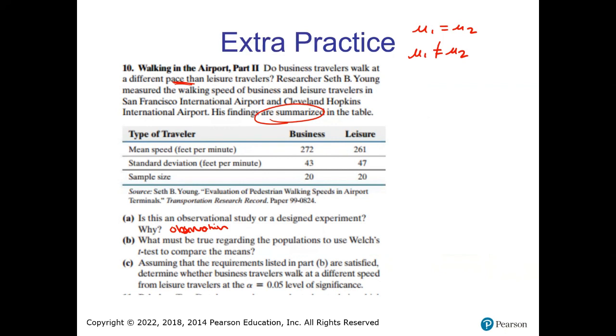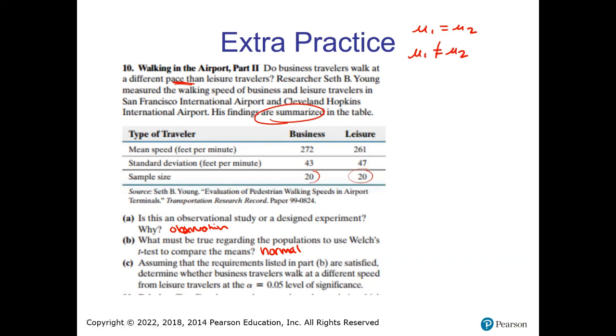Well, if we look at our sample size here, the sample size is 20. That's below our cutoff. So we have to know that they are from a normal population. Assuming that the requirements in B are satisfied, do business travelers walk at a different speed than leisure travelers?